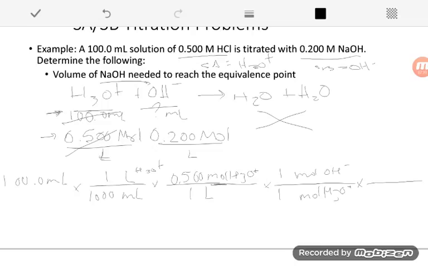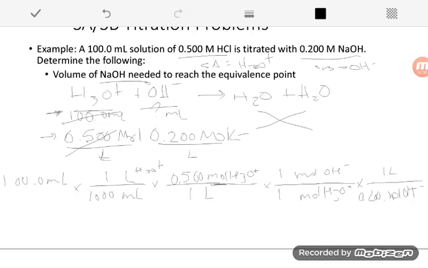I know that since I have moles on top, the moles of OH- are going to have to go on the bottom. I look at the information I have, and I say, oh look, there's a molarity. So 0.2 moles corresponds to every 1 liter.